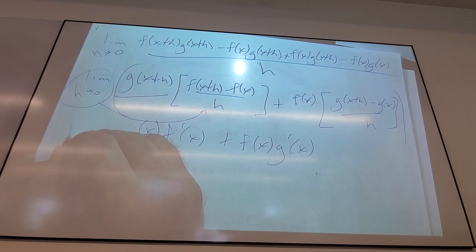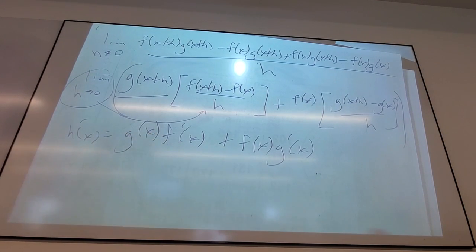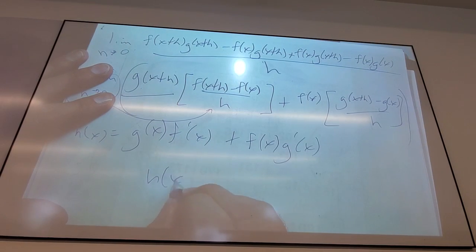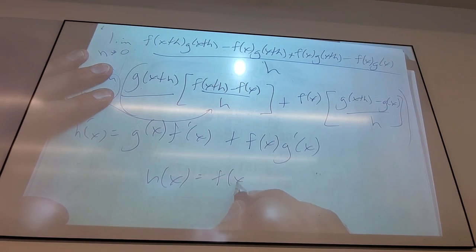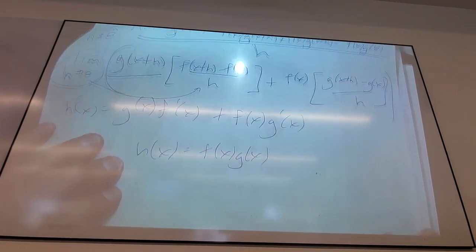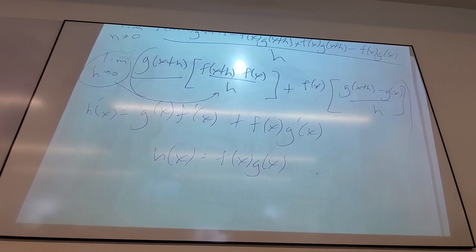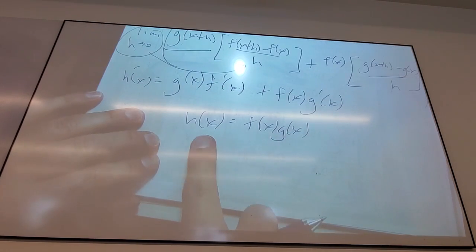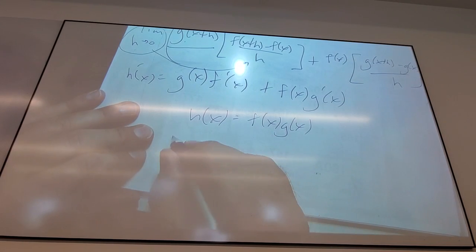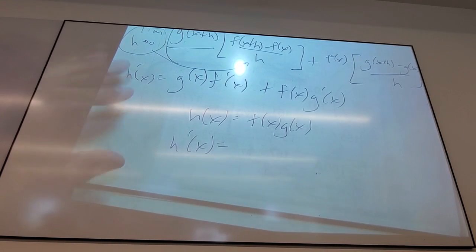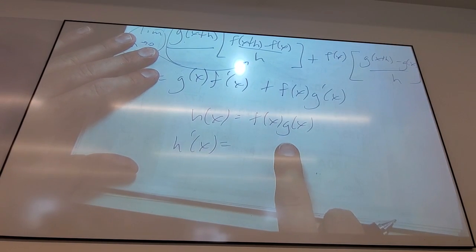So what does this mean? This means when I am given a product of two things, and don't worry, we're going to do a concrete example, I know you're all asking for one. When I'm given the product of two functions, watch this, it's kind of nifty. They each get a term.